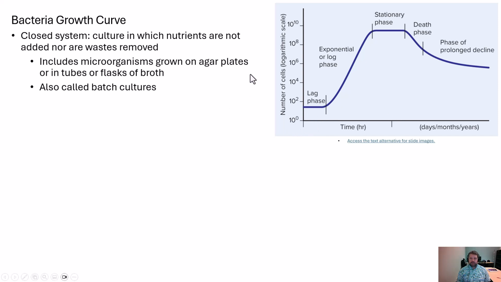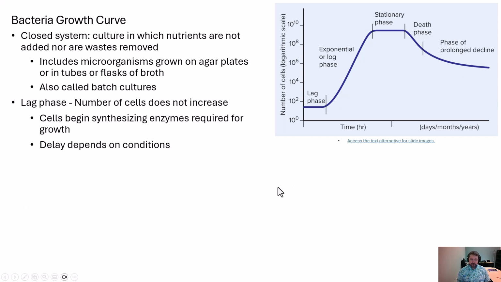All of that determines how fast that colony will reach a stationary phase. This is just how a laboratory situation works, but it's nice to know because we can start to look at different things that happen to the individuals in each of these phases.